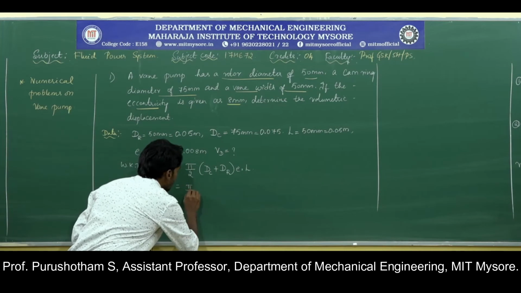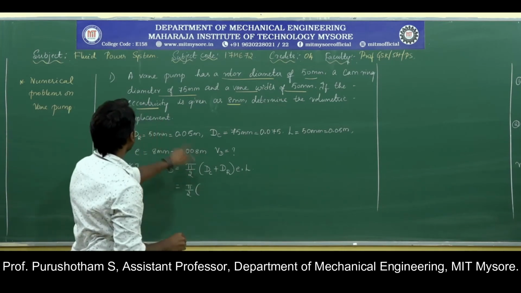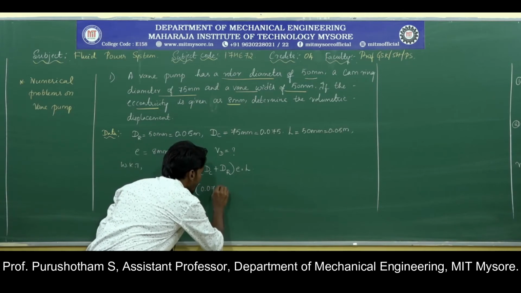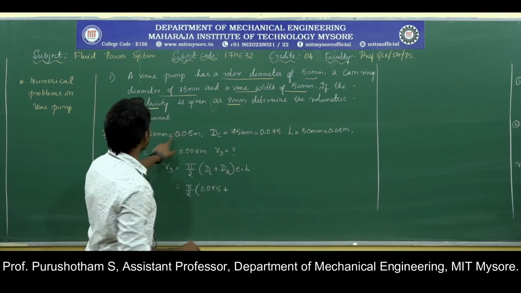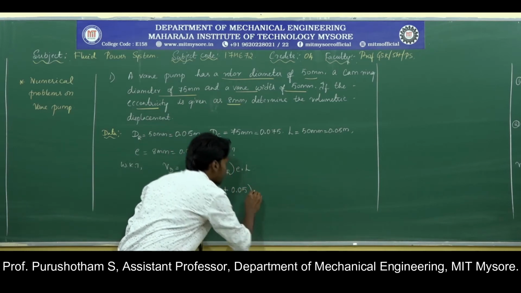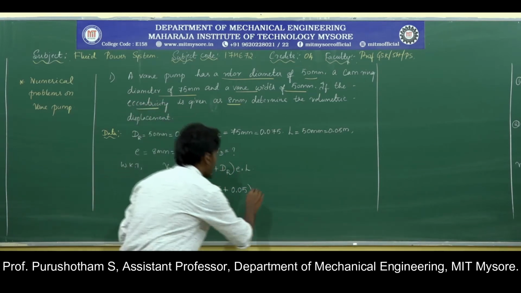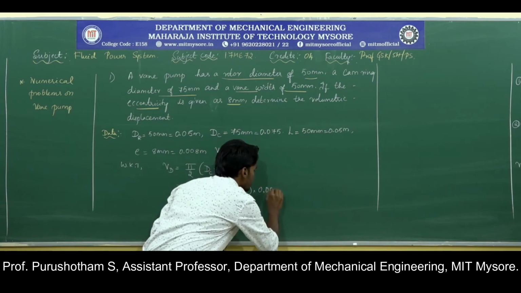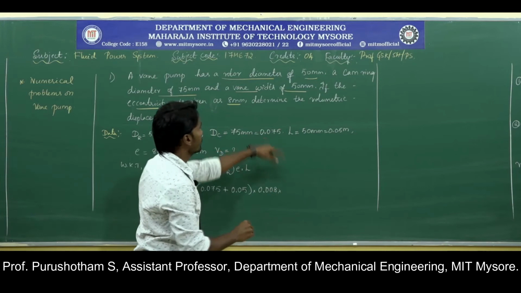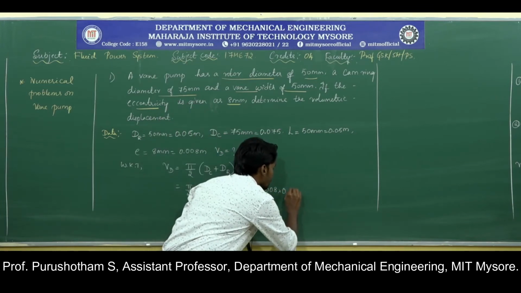So pi by 2, dc is 0.075 plus dr is 0.05, then the eccentricity is 0.008, then the width is 0.05.